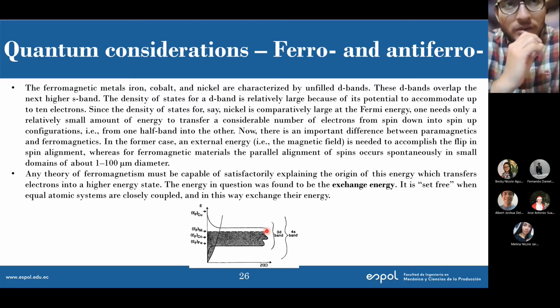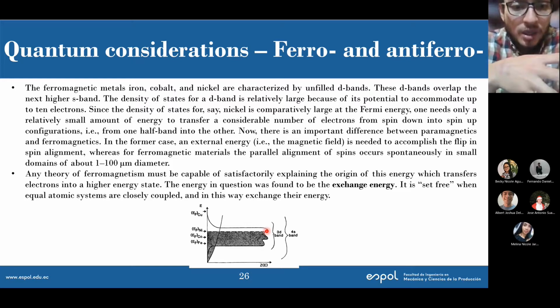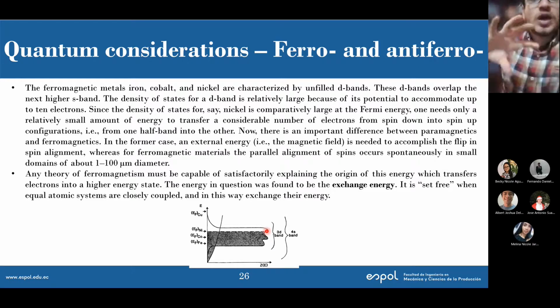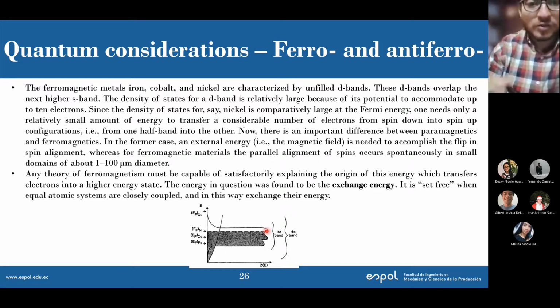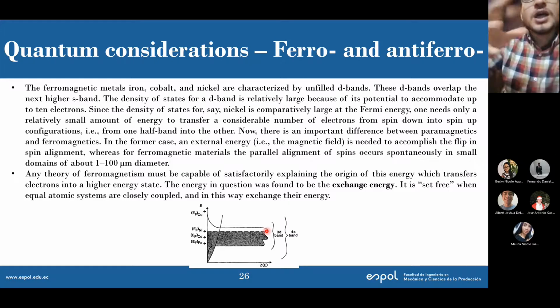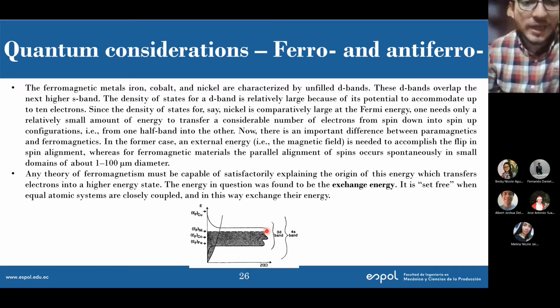Now, there is a difference obviously between paramagnetic and ferromagnetic materials, right? In paramagnetics, it is the external magnetic field, so an external energy, that is needed to accomplish that flip, that spin alignment. You really need that extra energy coming from outside, from that external field, so that my spins can align. In ferromagnetic materials, this alignment is spontaneous.